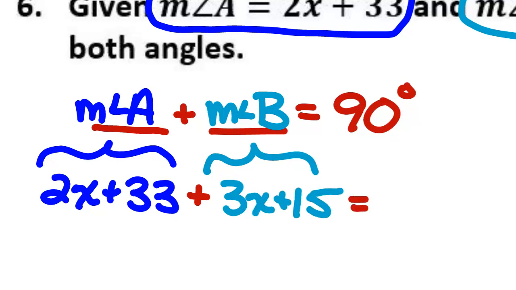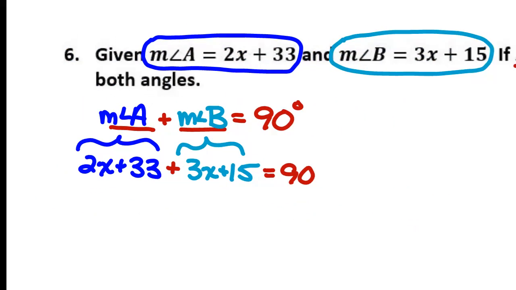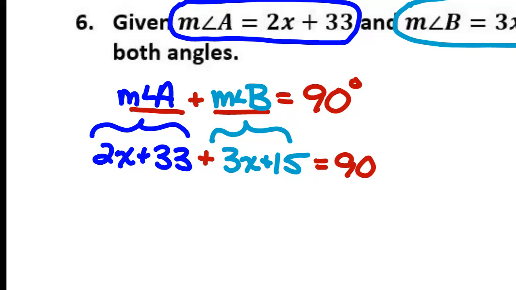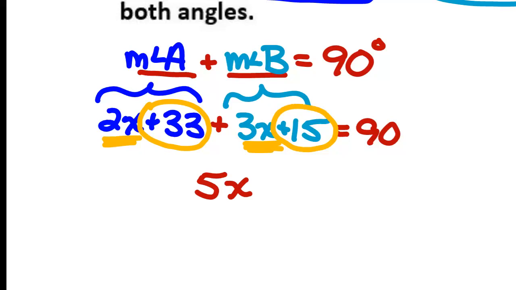And those add up to 90. So now to solve this, we need to combine our like terms. Our x's, 2x and 3x, would combine to give me what? 5x. And then we combine our constants, our numbers with no variables. I have 33 and 15 combined to give me 48. So 5x plus 48 equals 90.